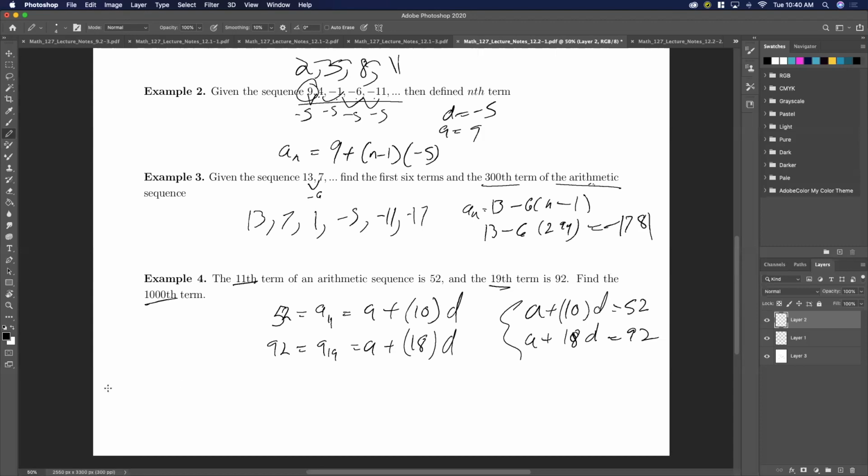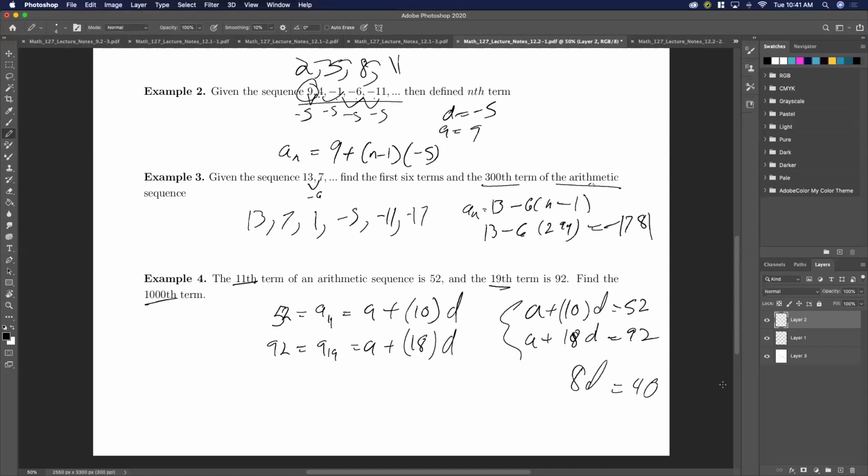All right, so let's tease out how to do this in our head. If I know 52 is 10 times d plus an a, and I know 92 is 18 times d plus an a, right? So if I took 92 minus 52, I'm left with just 8d, right? Does everyone buy me on that? Because if I took these two numbers, 92 minus 52, which of course is just 40, the a's cancel each other out, and I'm just left with 8d.